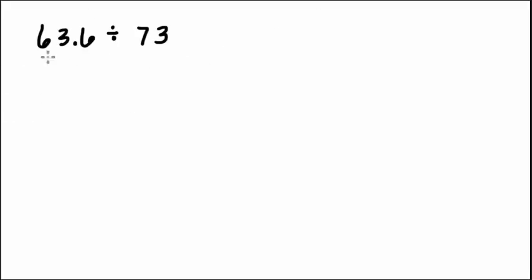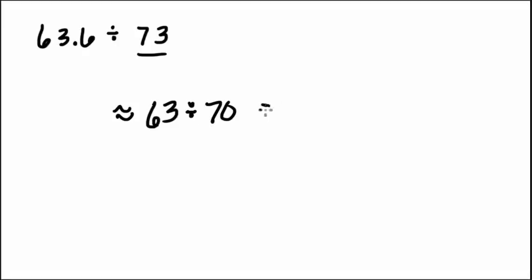So we'll try two of them. 63.6 divided by 73. What are we going to estimate 73 to be? I would estimate it to be about 70, and we want our dividend to be a whole number. I'm just going to estimate it at 63 because I know that is a multiple of 7. And so here's our estimation, and then we just go from there.